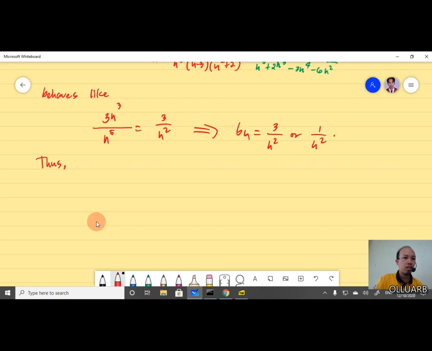Thus the limit of a sub n over b sub n as n approaches infinity. So you can choose which of these two.